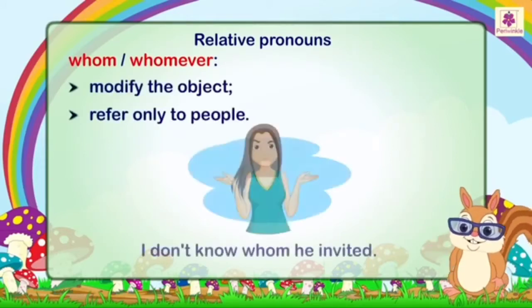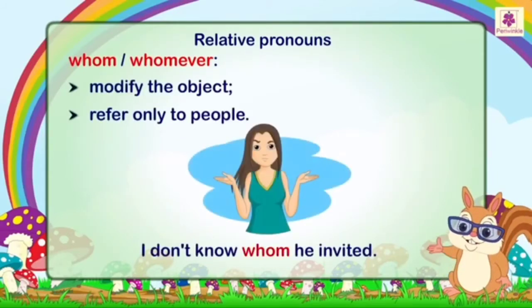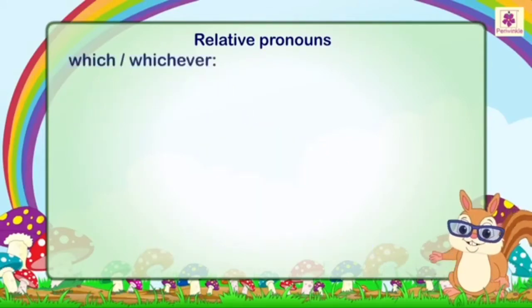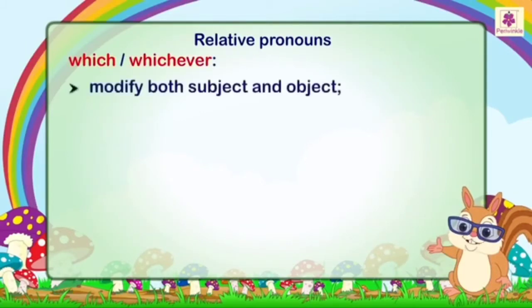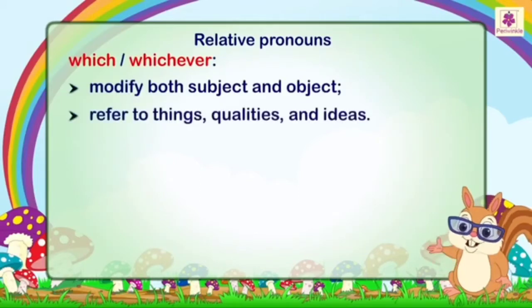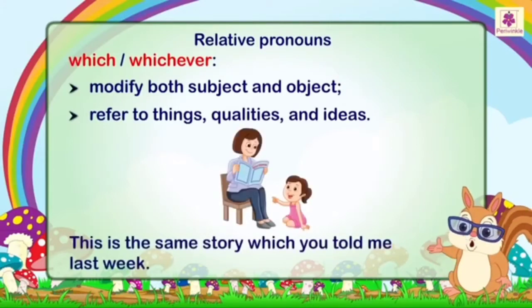For example, I don't know whom he invited. The relative pronouns which or whichever modify both subject and object. They refer to things, qualities, and ideas. For example, this is the same story which you told me last week.